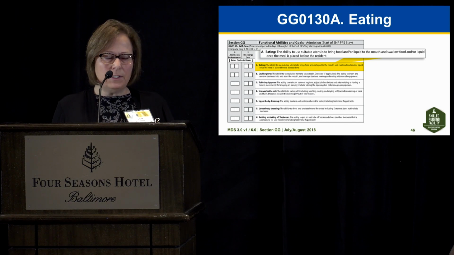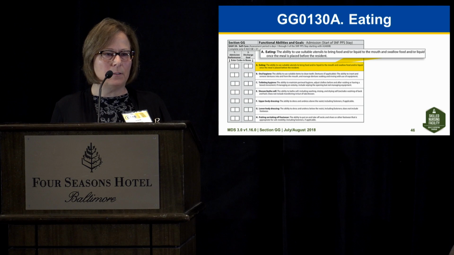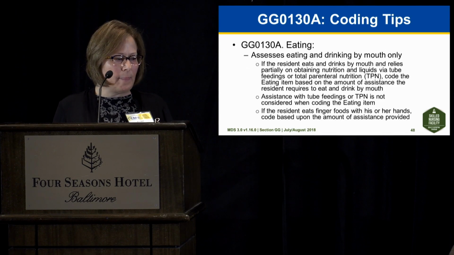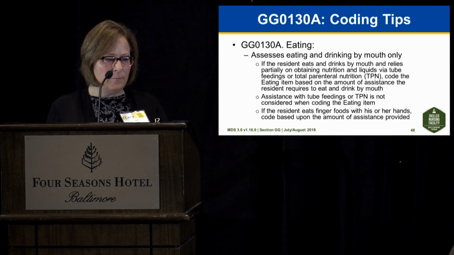Eating is the ability to use suitable utensils to bring food and/or liquid to the mouth and swallow food and/or liquid once the meal is placed before the resident. So as Anne identified, we've added food and/or liquid. And you want to assess eating based on eating or drinking by mouth only.